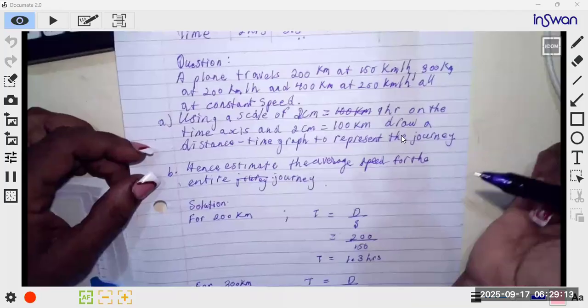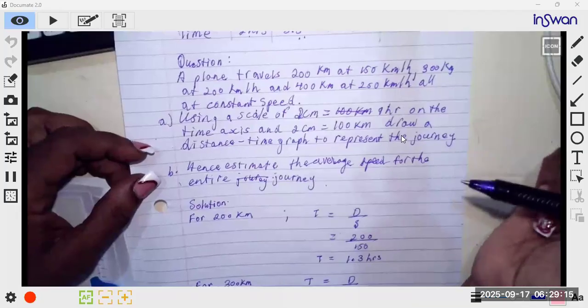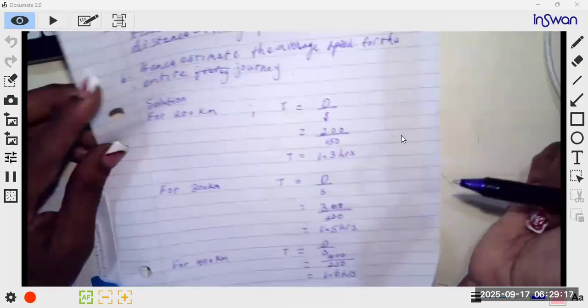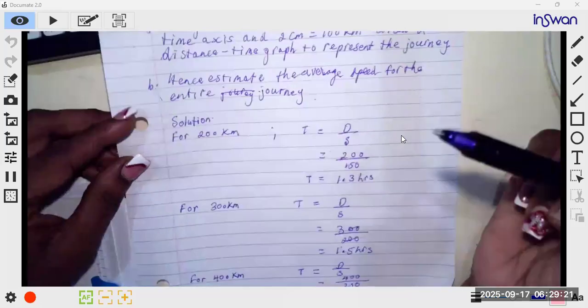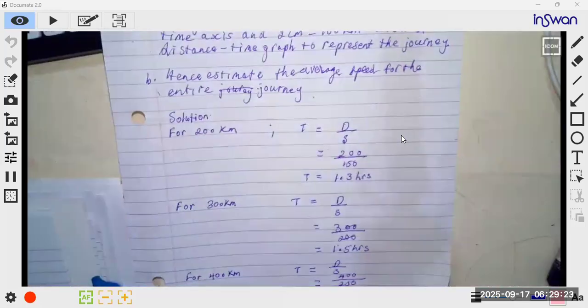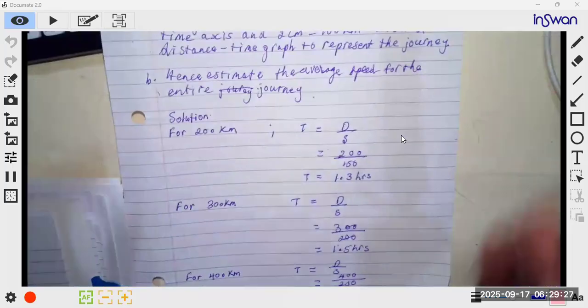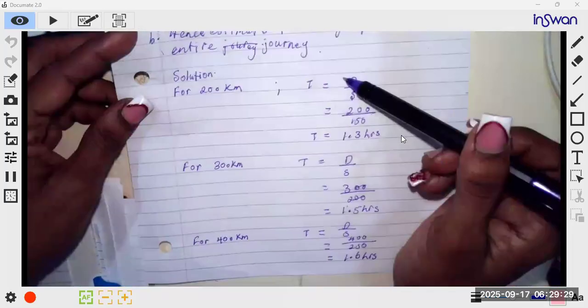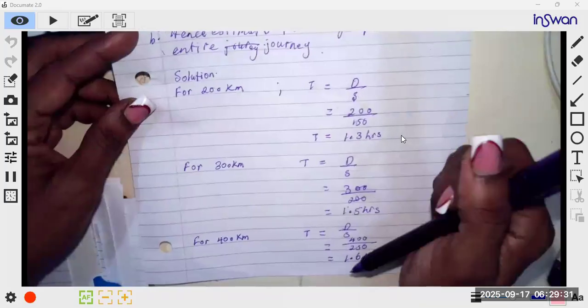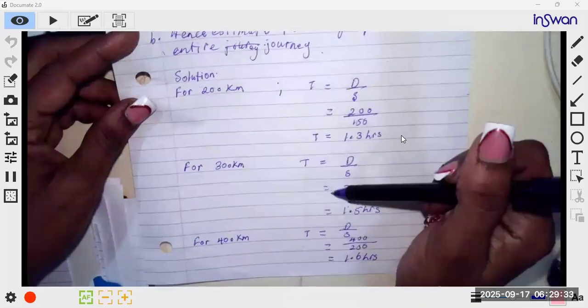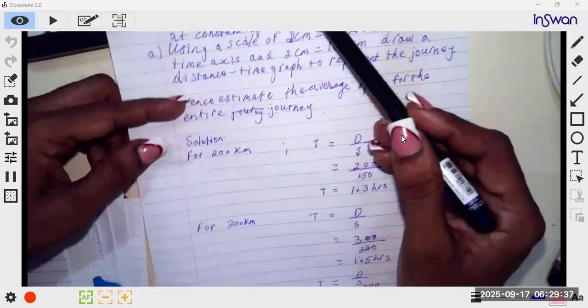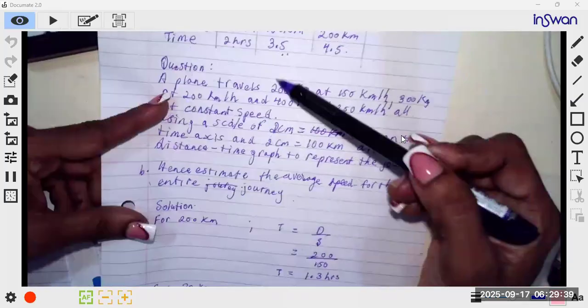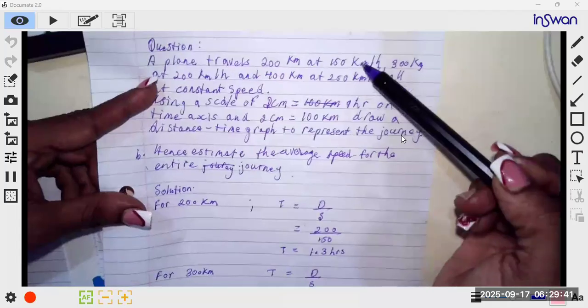In order for us to draw the graph, the first step is to find the times, because a distance-time graph entails the distance and the times. So for each part of the journey, we need to calculate the time, because we were given the distance and the speed.